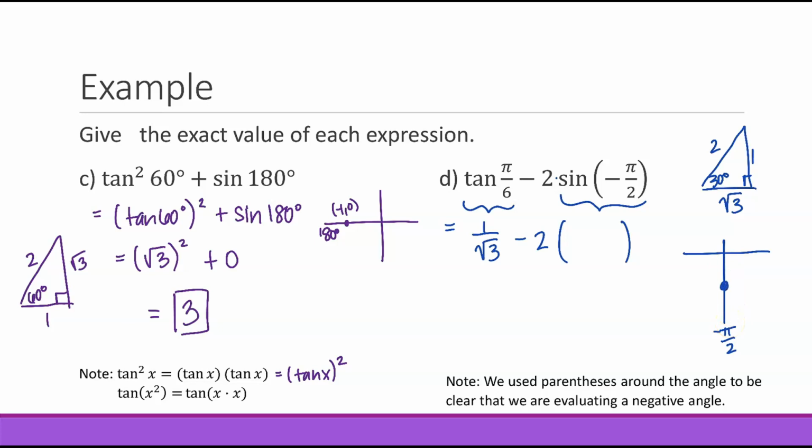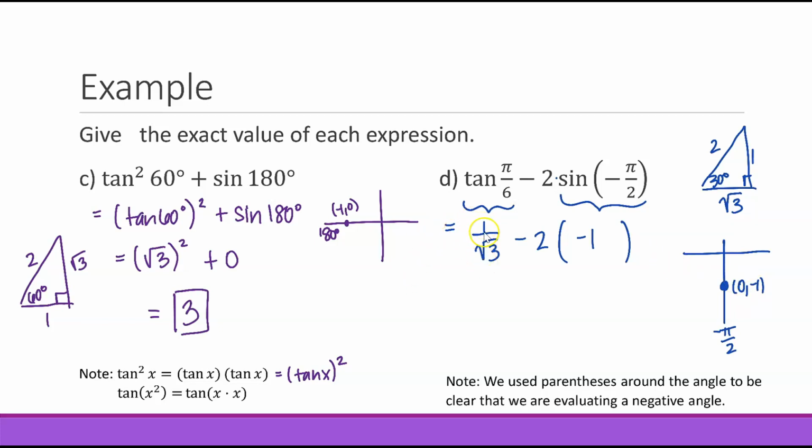And on a quadrantal angle, again, we focus on the coordinate point. That's a unit 1 away, so 0, -1 down here. And let's see, the sine value down here is the y value, so we're looking at -1. So sine of negative pi over 2 is the y value -1. So we go to the angle, which is negative pi over 2, and we read off the y value. So we have a -1 here.